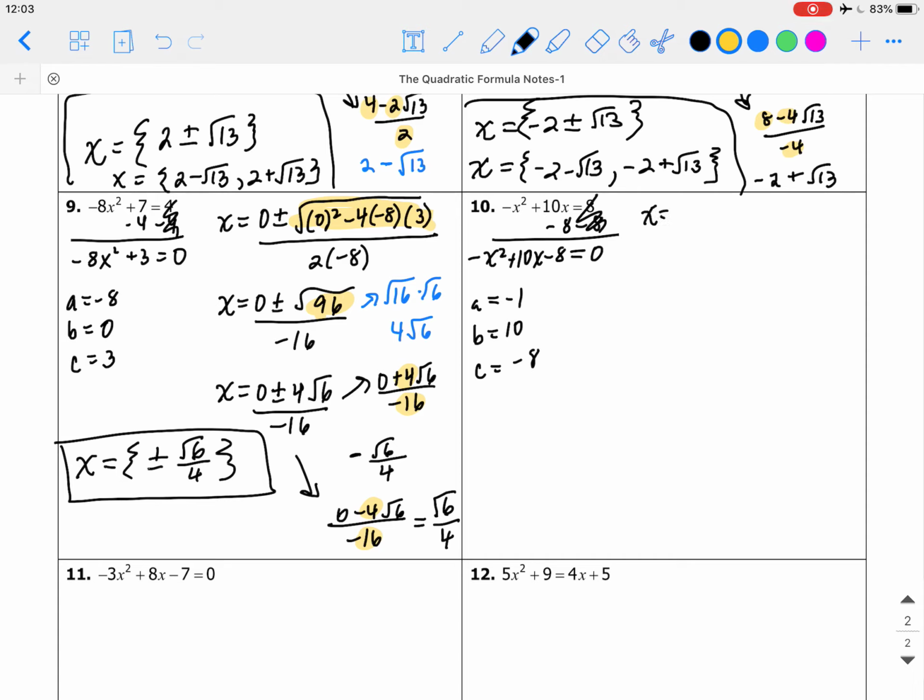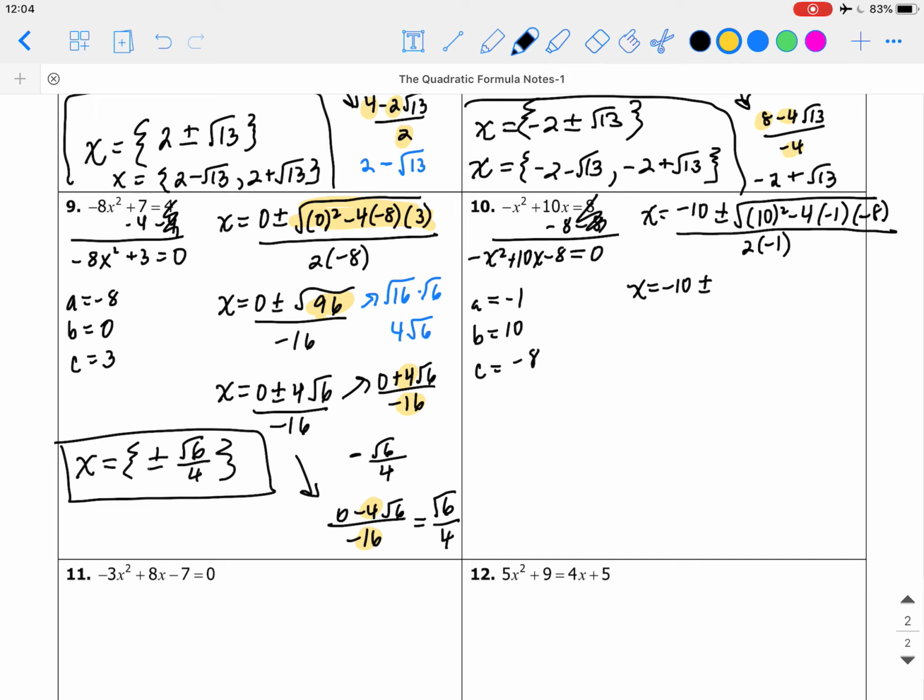So I got x is equal to the opposite of b, which will be negative 10, plus or minus the square root of b squared minus 4ac, all over 2a.